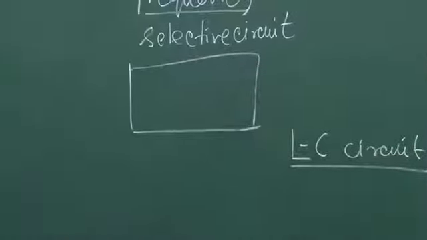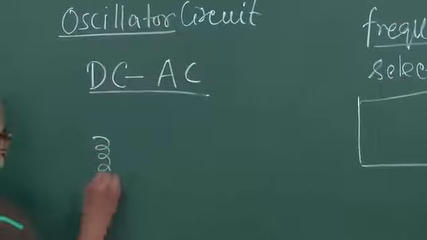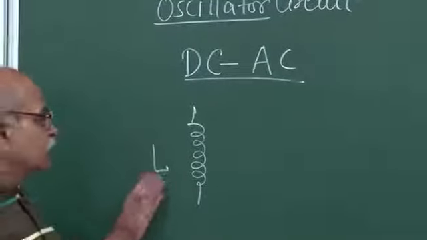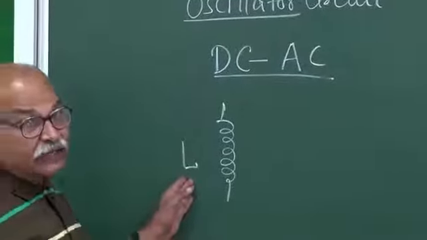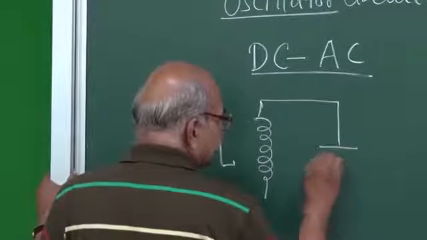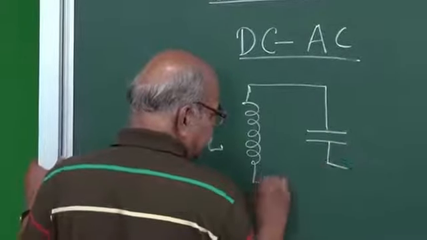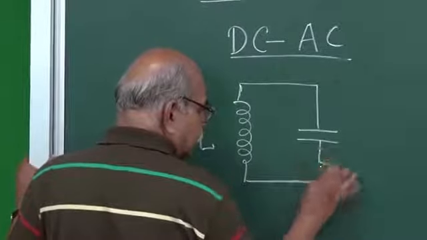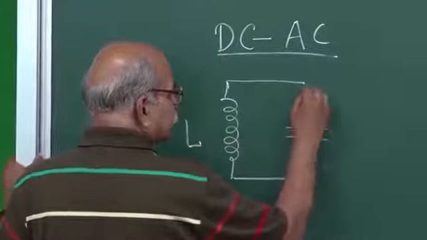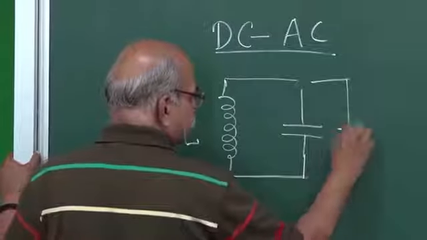You remember your high school physics. There is a symbol for the inductor, and the letter generally used is L, and then you have a capacitor. Let me join it here with a switch, and let us say this is a battery.